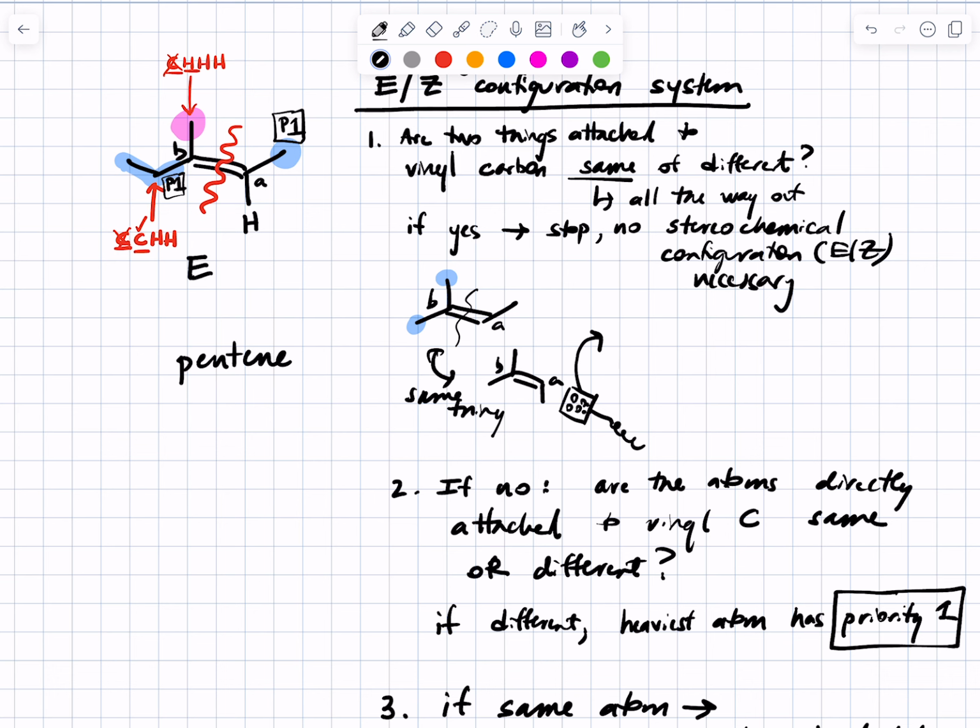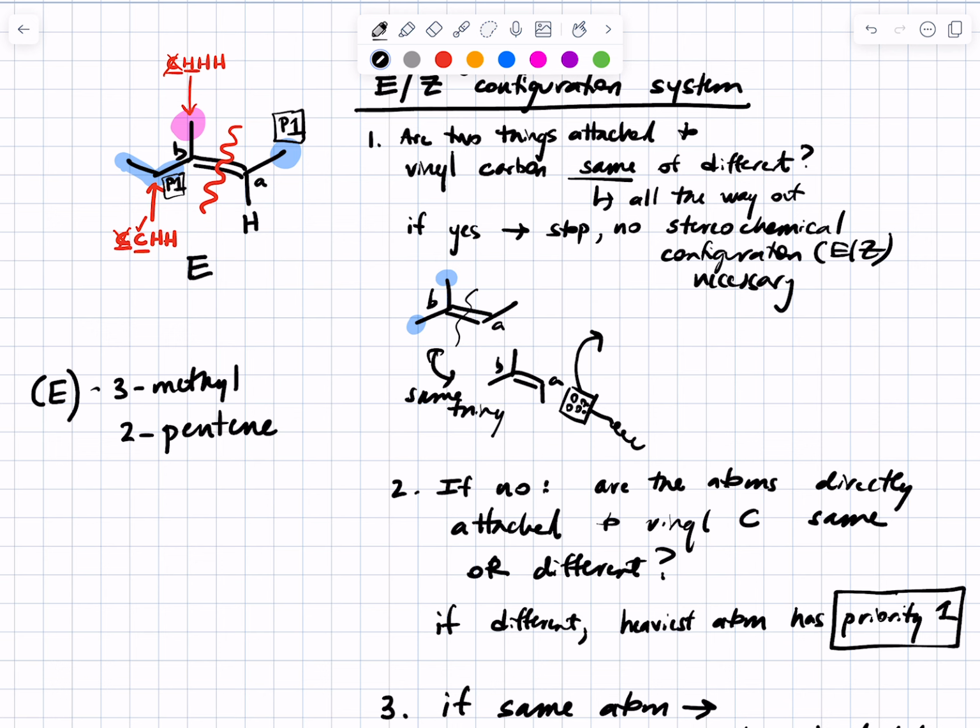The double bond is between carbons 2 and 3. And we also need to say the location of the methyl group, which would be 3-methyl. And then we're going to put in parentheses at the front of the name E. E-3-methyl-2-pentene. And that tells you everything you need to know about the structure of the molecule.